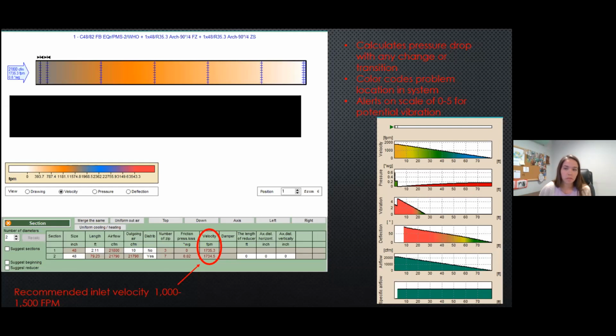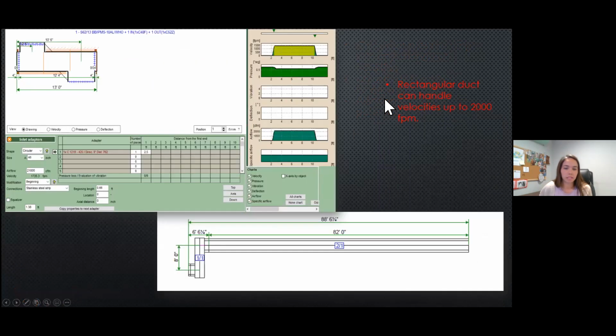So we looked into other options to fix this, and we thought that our rectangular duct would work perfect here. Not only can we supply our rectangular duct in supply air, but we can also do it in return.